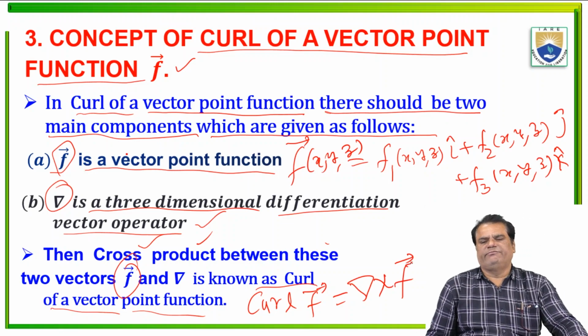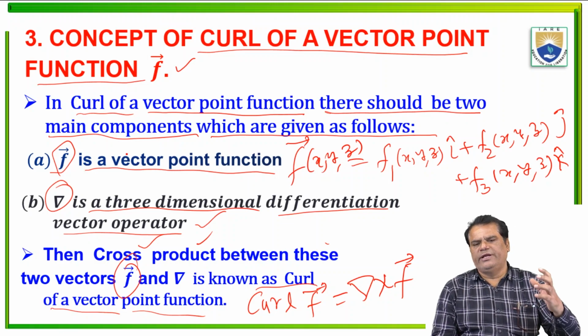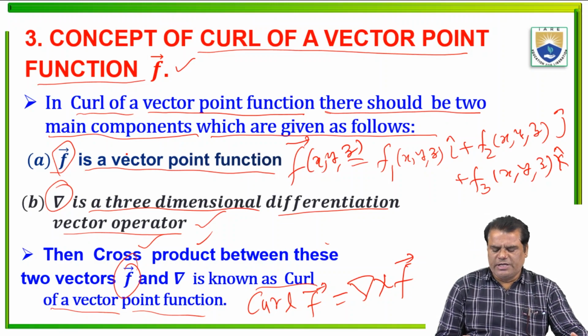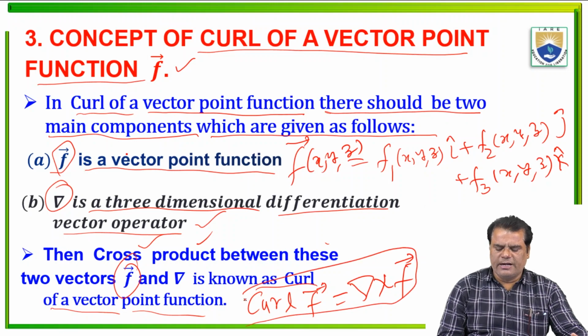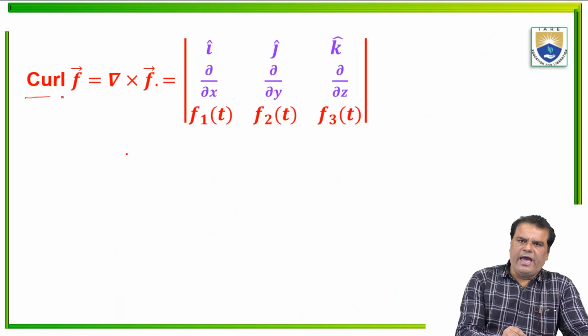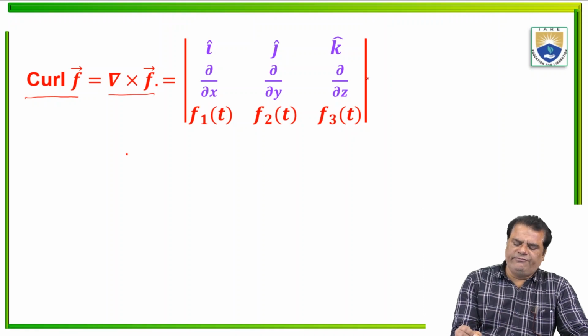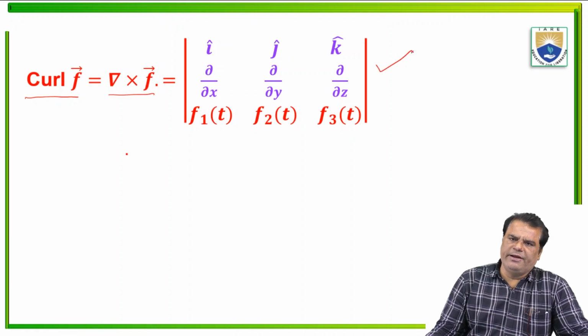This is the cross product, known as the vector product. Curl is always a vector and divergence is always a scalar.